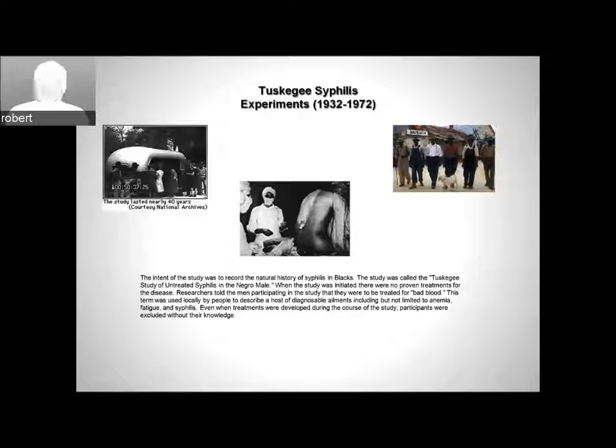Now, as we think about this historically, you can go back to something as heinous as the Nazi regime, but unfortunately, you will also find some in our own history here in the United States. Between 1932 and 1972, the Tuskegee syphilis experiments went on. What happened here was that male Negroes were not treated for syphilis and were not given the option of treatment when treatment became available.